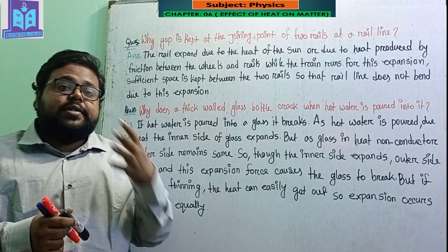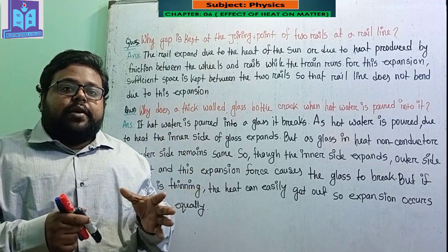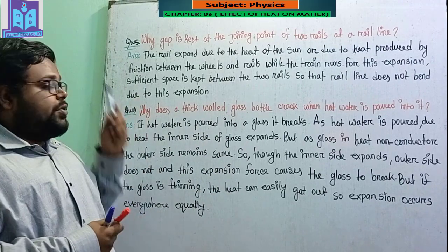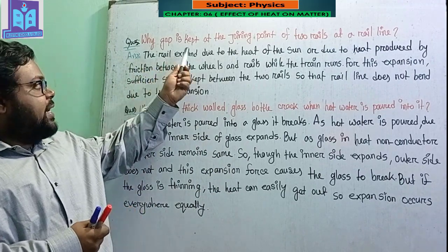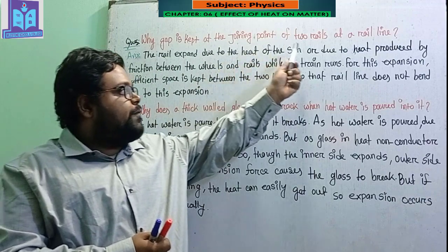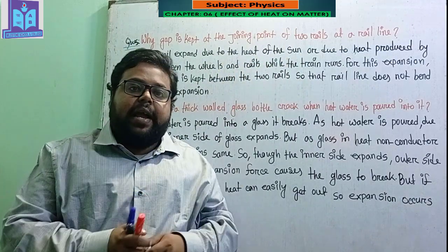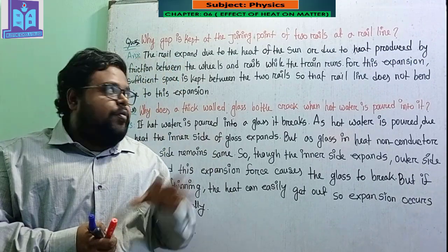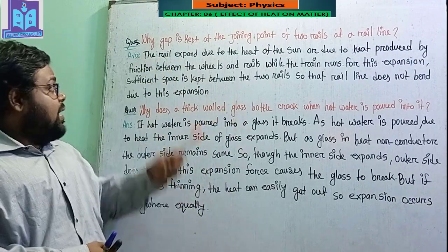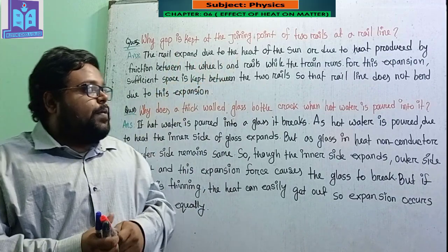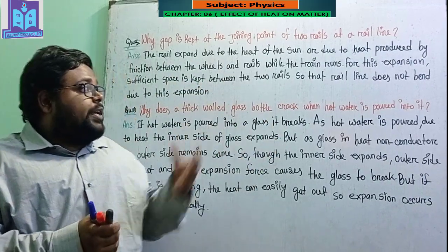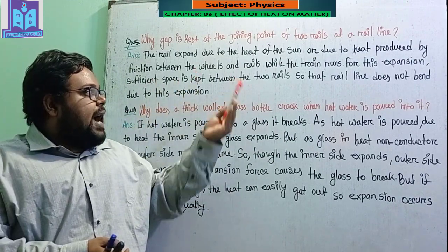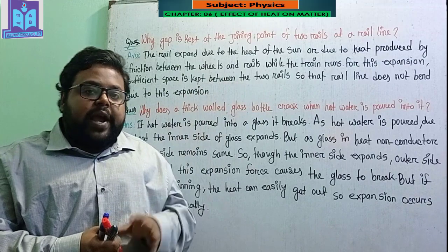Now I will discuss two questions related to this topic. Our first question is, why is a gap kept at the joining point of two rails on a rail line? The rail expands due to the heat of the sun, or due to the heat produced by friction between wheels and rail while the train runs.